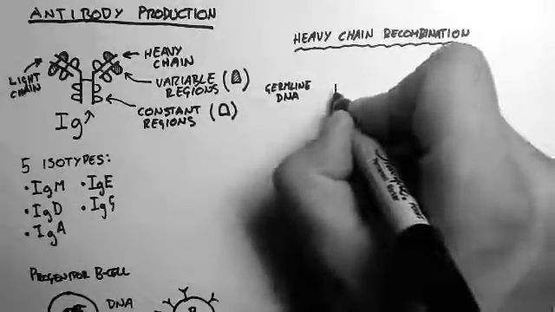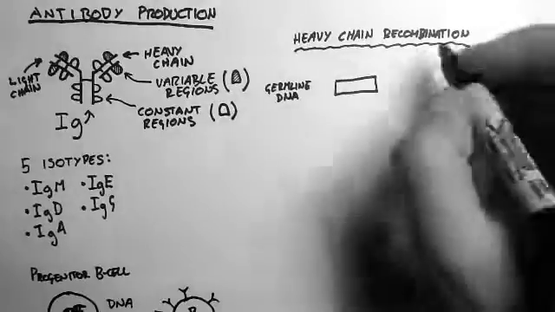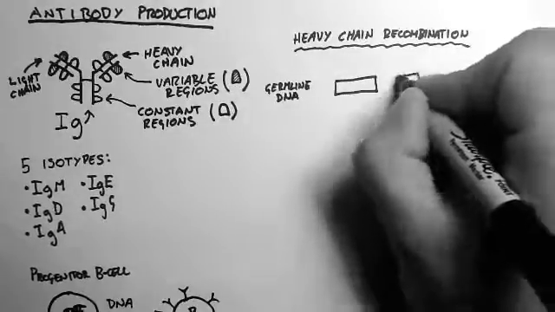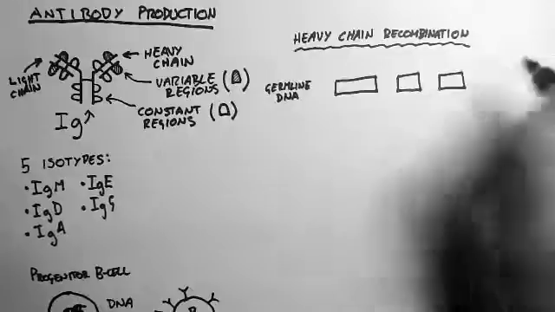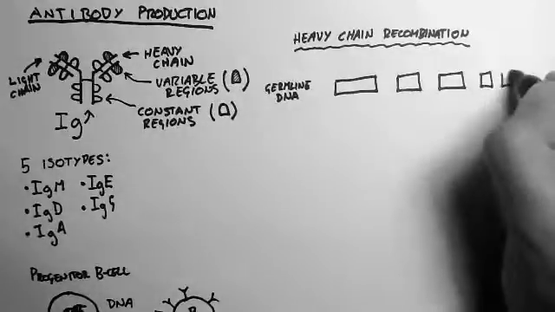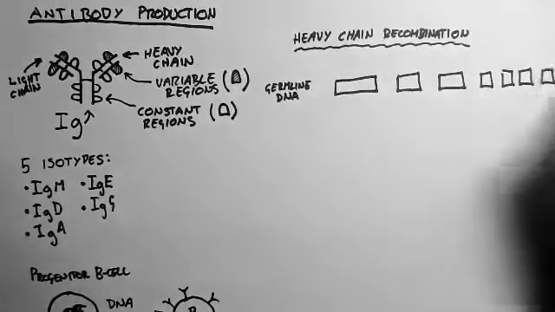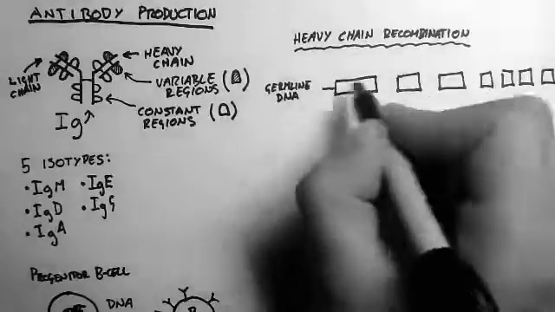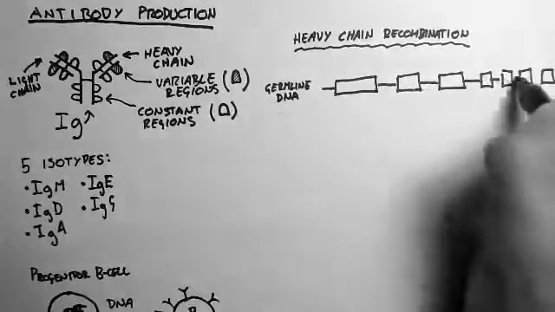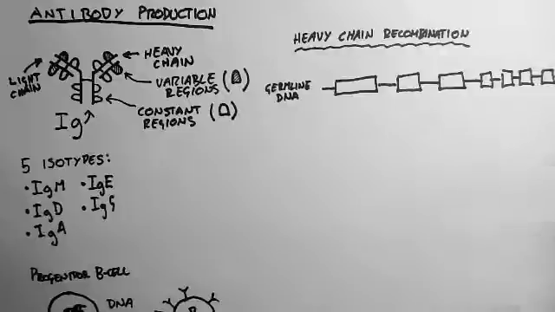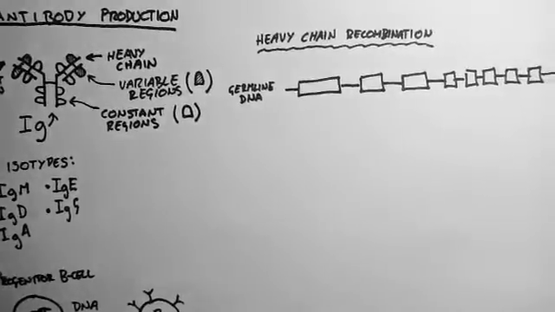And I'll draw it out schematically here. So imagine this is a long string of DNA with various genes on it.